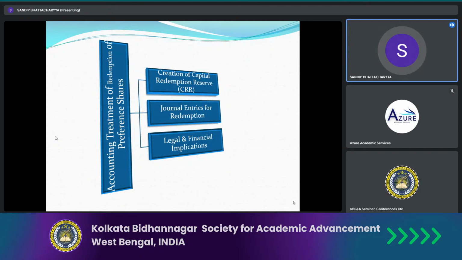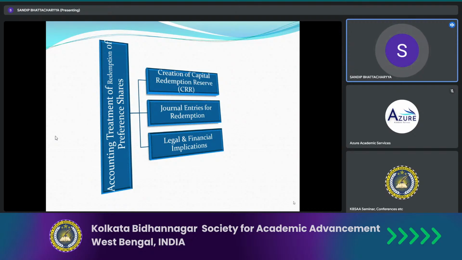And the third is the legal and financial implication. There are some legal compliances the redemption process must comply with to avoid any penalties and maintain corporate governance.